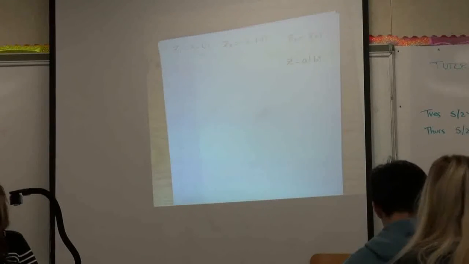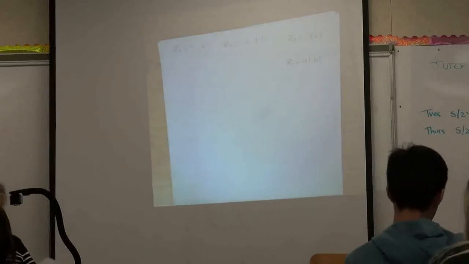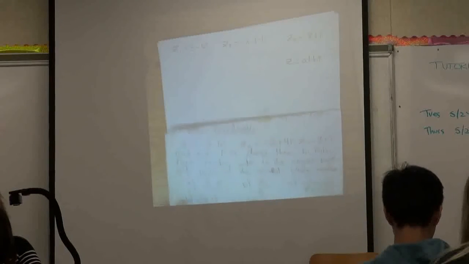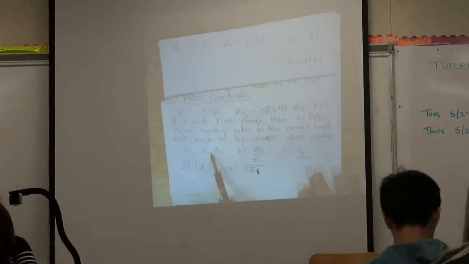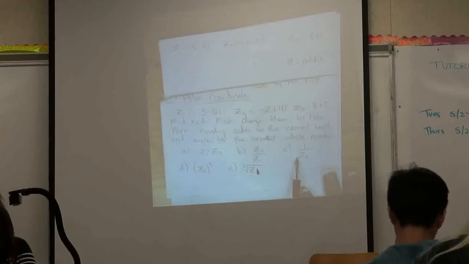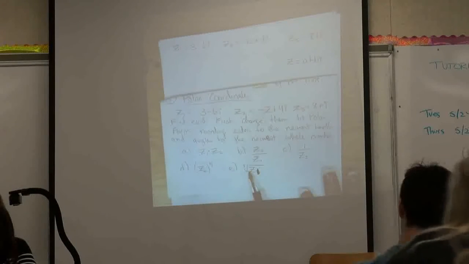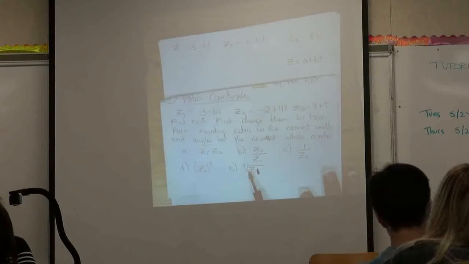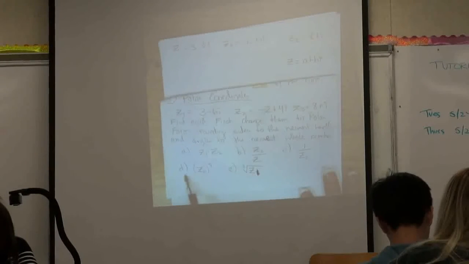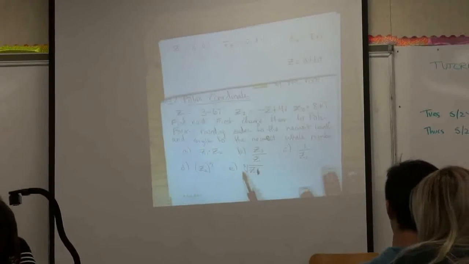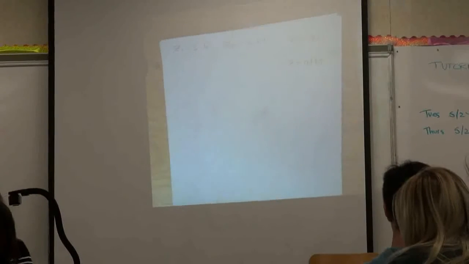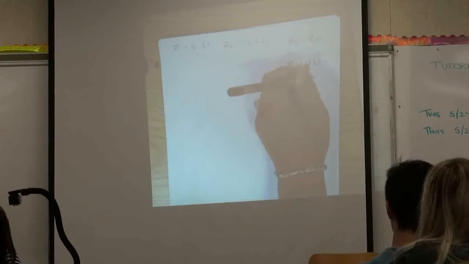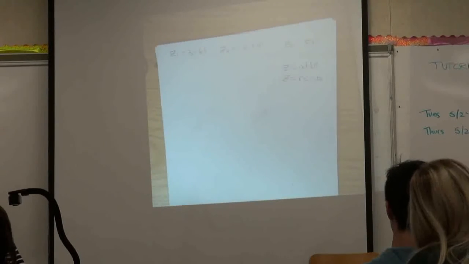And in order to do a lot of the things that you've been asked to do here, multiply them, divide them, find reciprocals, raise them to powers, and take their roots, you really have to, especially for D and E, change them from being in rectangular form to being in polar form.